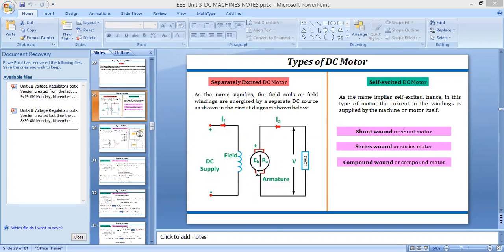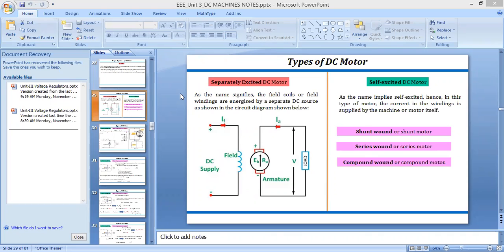If we are using the DC machine as a DC generator, we call the EMF the generated EMF. And if we are using the DC machine as a DC motor, the EMF acts opposite to the supply voltage. That EMF we call the back EMF.